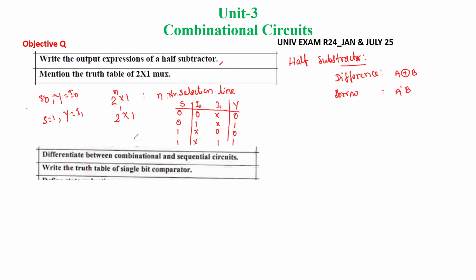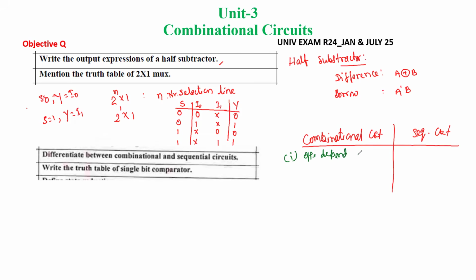You can write clearly: combinational circuit and sequential circuit. If it is a 1 mark question, write at least two differences, so that you'll get the complete mark. So a combinational circuit is what? You have to write clearly: its outputs depend on present input only.